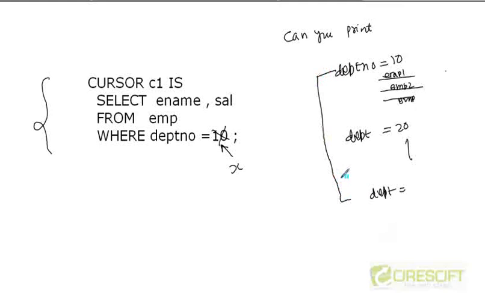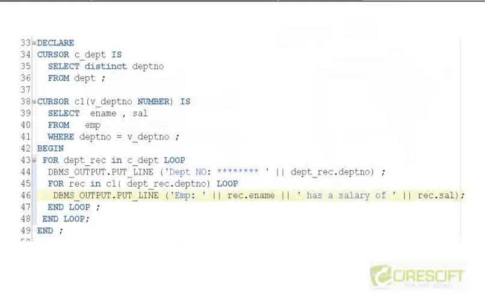Basically, there are two loops. The first loop gets the department number, and for each department number, I get the employee numbers. I continue this until I finish my department numbers. To achieve that, I declared a cursor C_DPT where I select distinct department numbers from the DPT table.